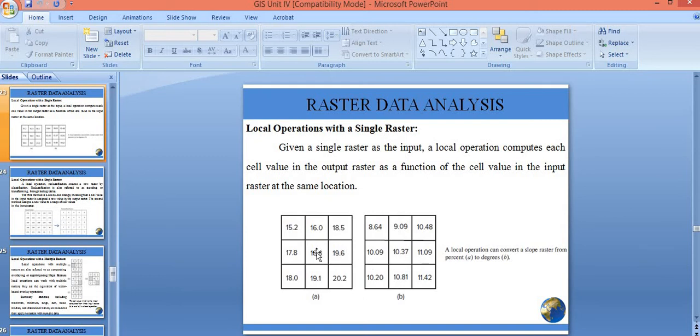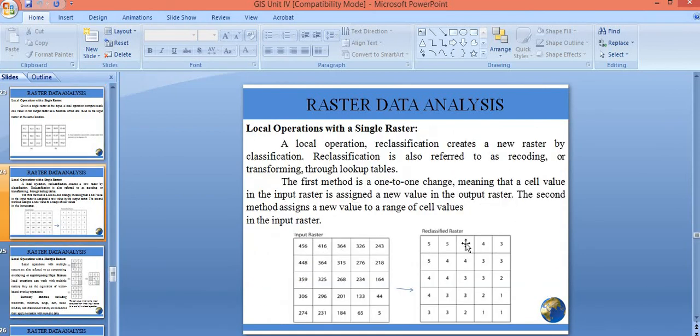The point to take is that this conversion is purely based on the value you have in that particular cell. This 18.3 is being represented as 10.37. So just a conversion. This is what is called local operation. Why is it called local? For this particular cell, you are referring only to that particular cell in the input layer. So that is why it is a local operation.